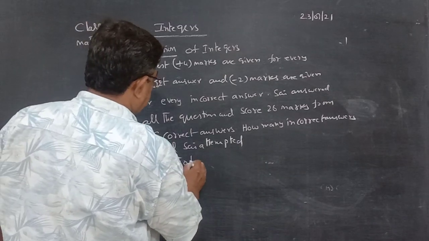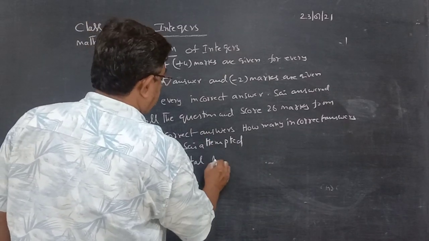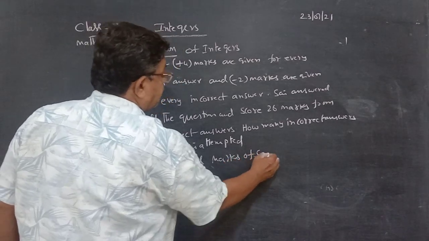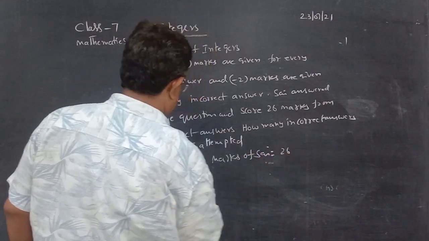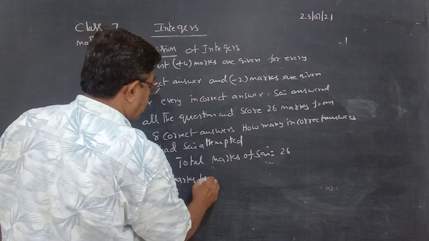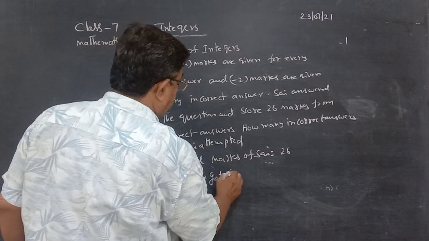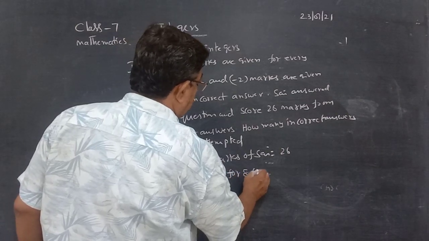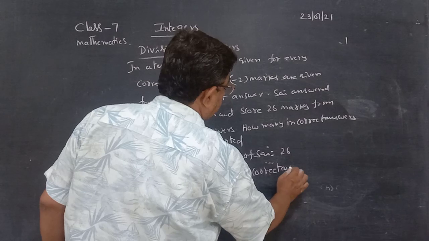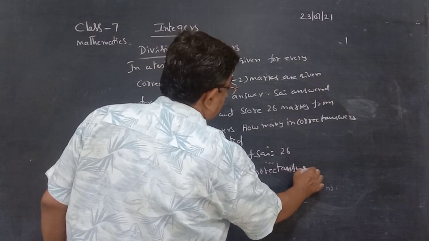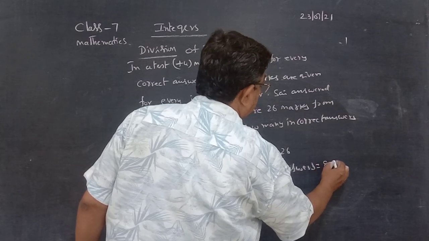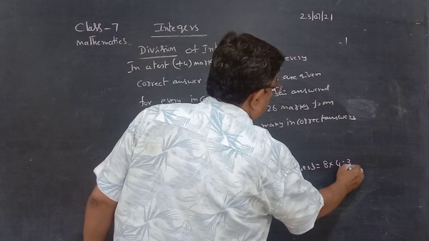Total marks of Sai is equal to 26. Marks he got for 8 correct answers is equal to 8 into 4, 32 marks.